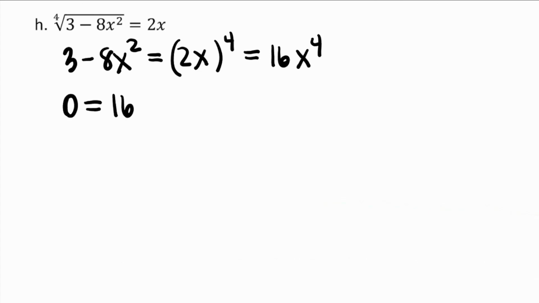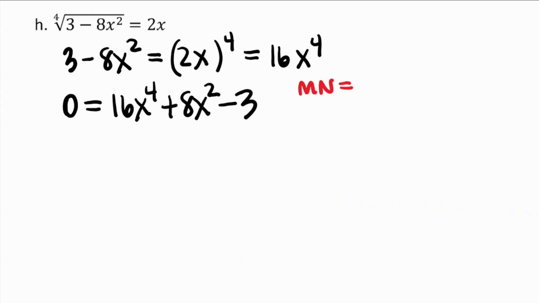So I'd have 16x to the 4 plus 8x squared minus 3. So what I need to be considering is, are there two numbers I can think of that multiply to 16 times negative 3, which is negative 48, while adding to 8?